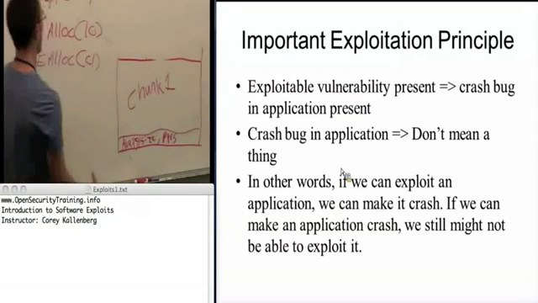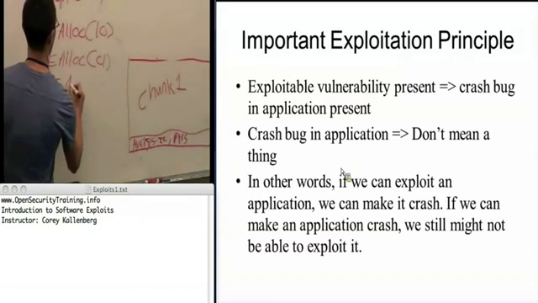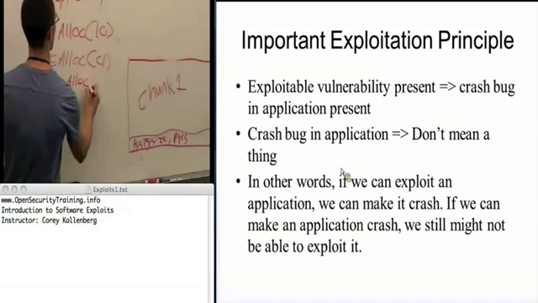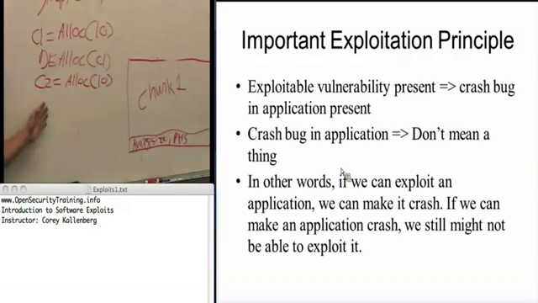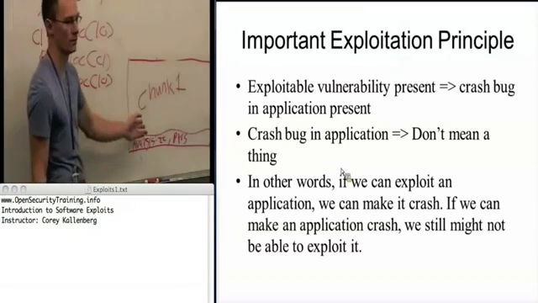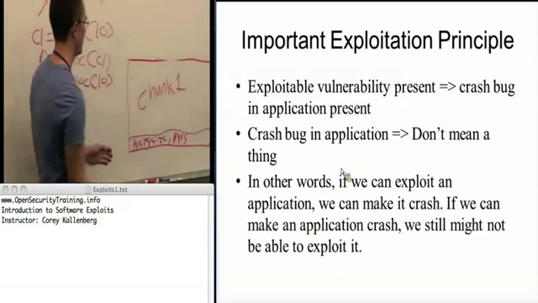Now, if I do C2 equals alloc 10, what does my heap look like now? Anyone tell me? Yeah. It's exactly the same, because it would just reuse chunk 1, okay? It would set available equals 0, but the heap would still be the same.